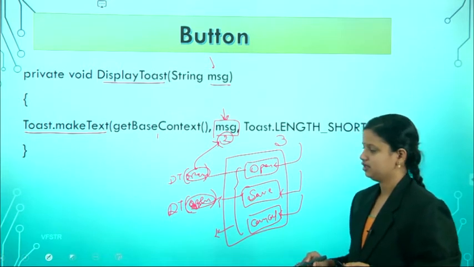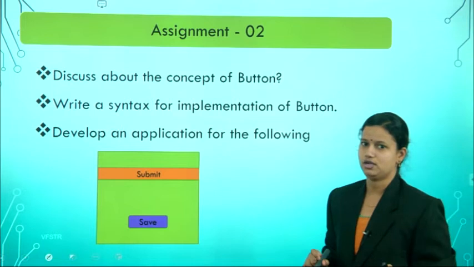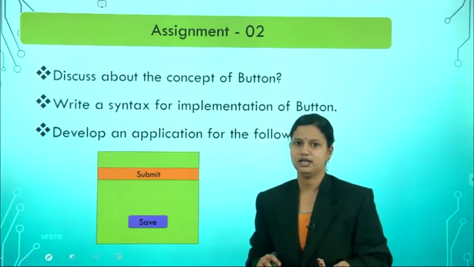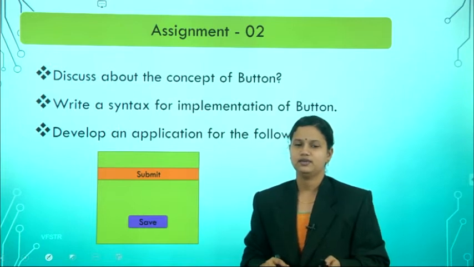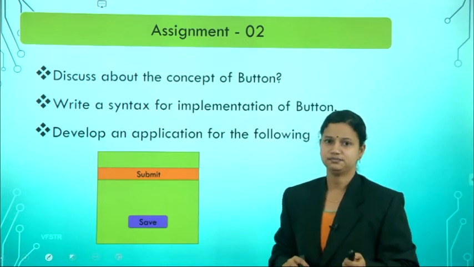The first thing is we have to open a button, and the second thing is we have to set different properties for the button. After that we have to develop a handler for the button.